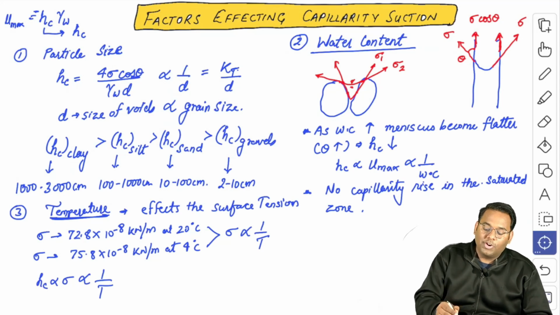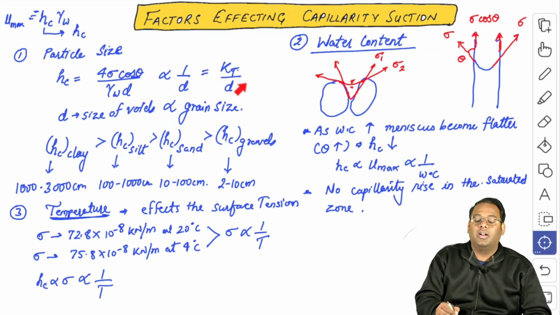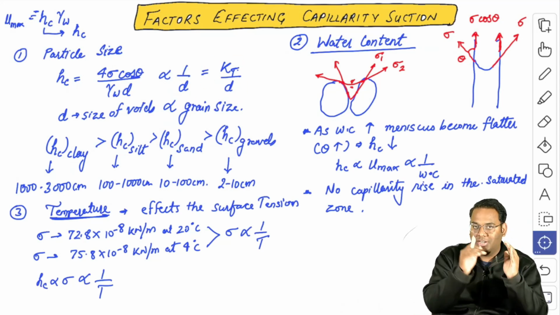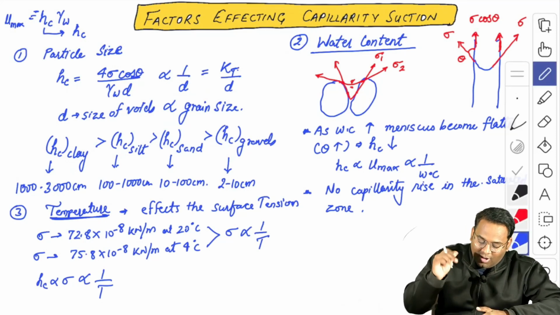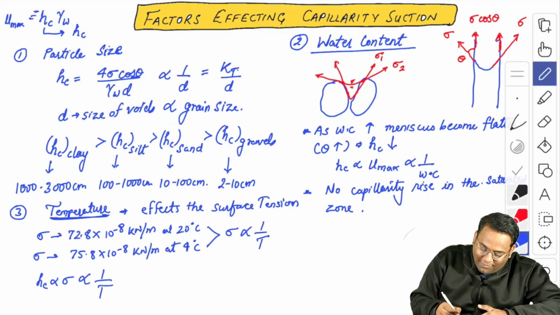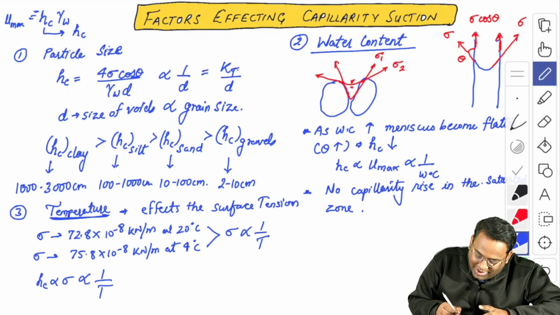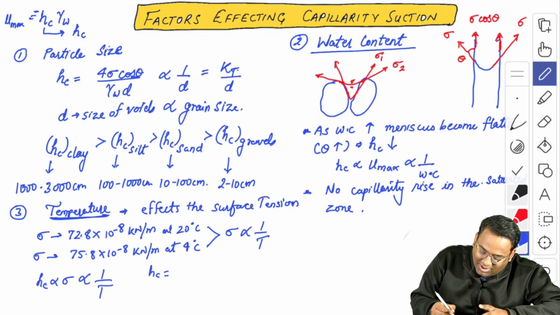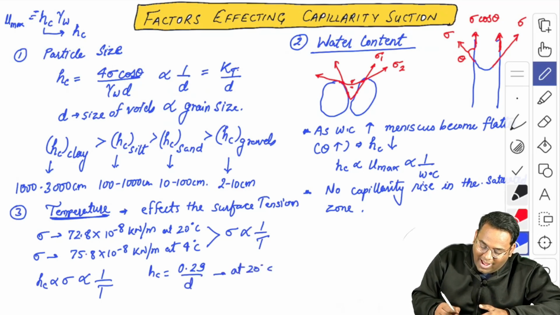So HC is equal to 0.29 by d for the temperature of 20 degrees, whereas HC is taken as 0.30 by d at 4 degrees centigrade.